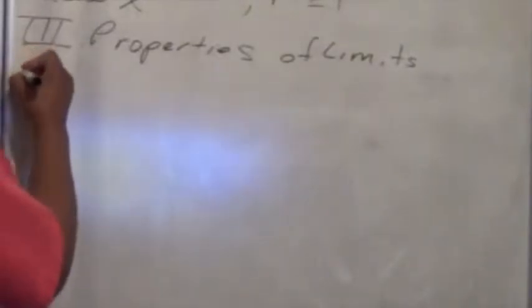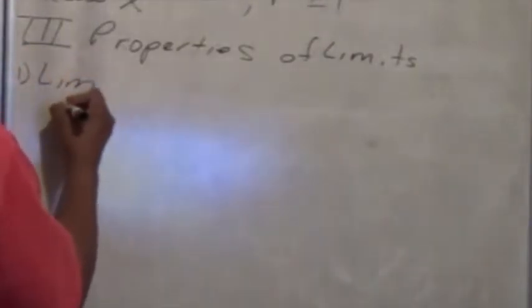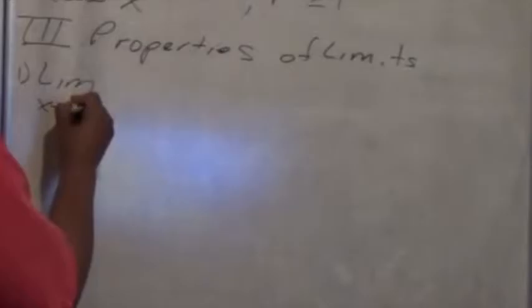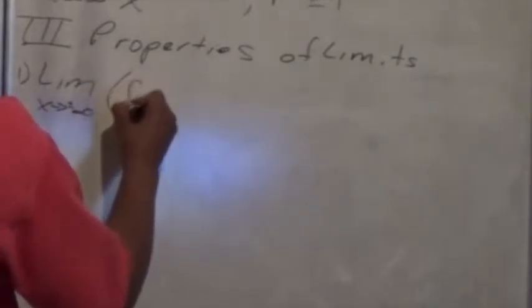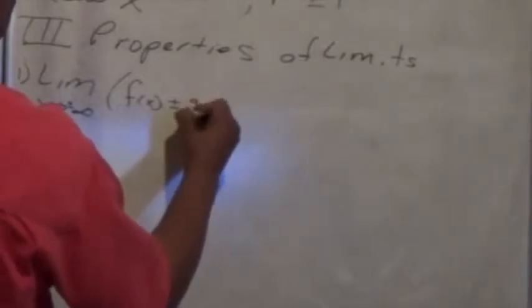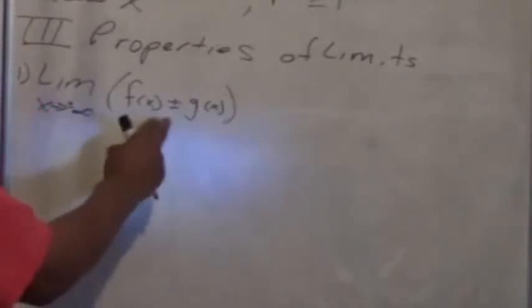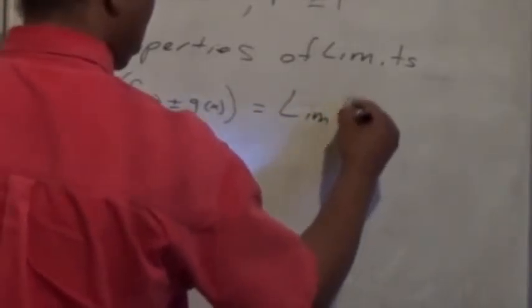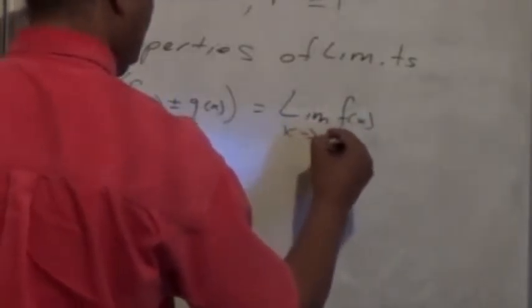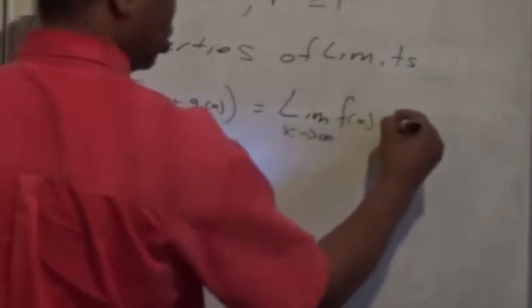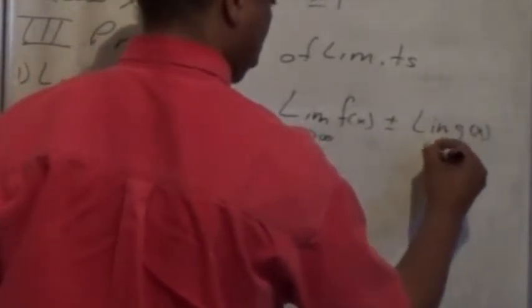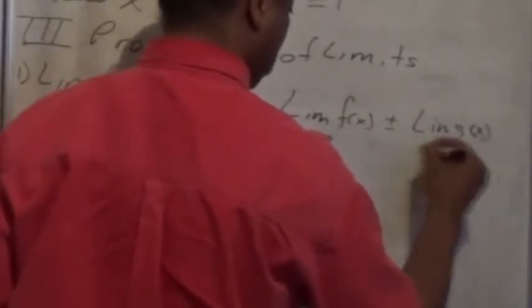Now let's talk about some of the properties of combining limits. Property number 1, if you have the limit as x goes to positive or negative infinity of the sum of the functions, the limit of the sum of the functions will be equal to the sum of the limits of those functions.